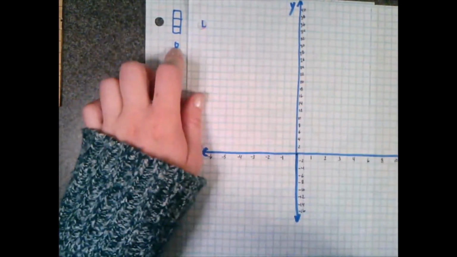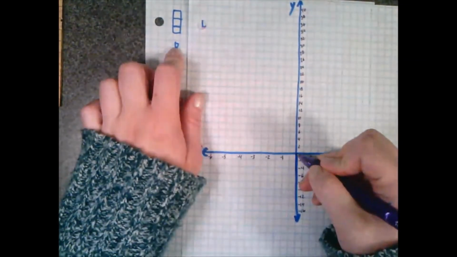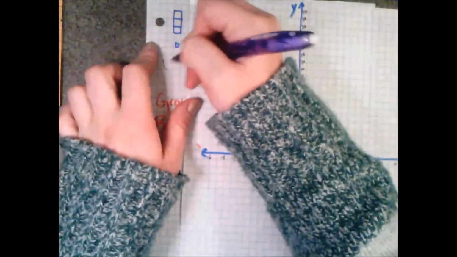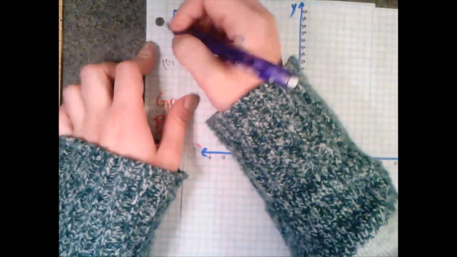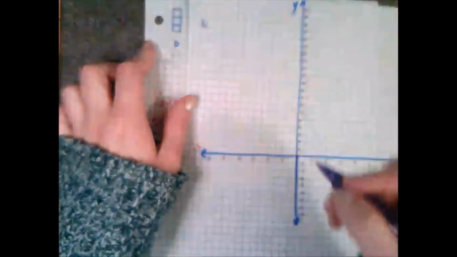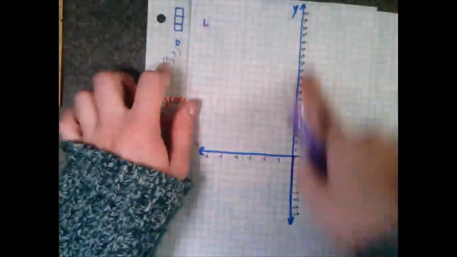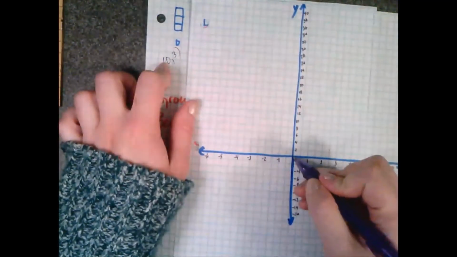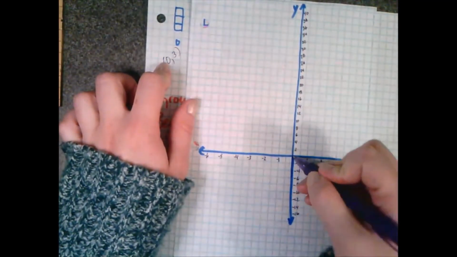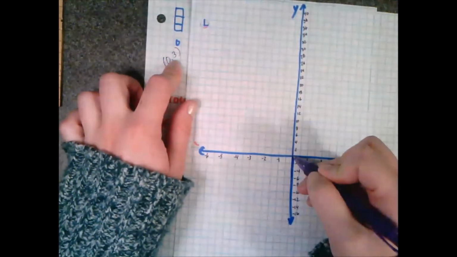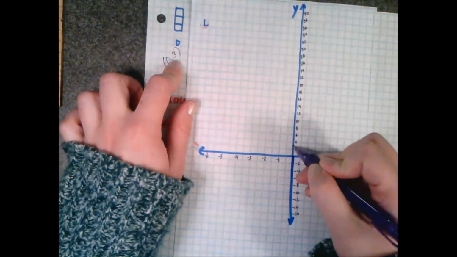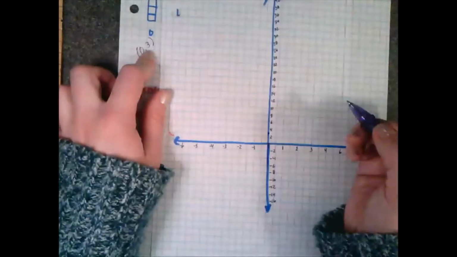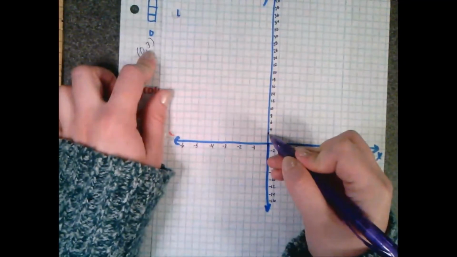And we talked about in the first video how anything with a 0 in its coordinate is going to end up on an axis. In this case, this one's going to end up on the y-axis because my x is 0, so I'm not going to go anywhere. But my y is 3, so I need to go up 3. So I'm going to go right in the middle. Hope you guys can see that dot. It's right there, right in the middle.